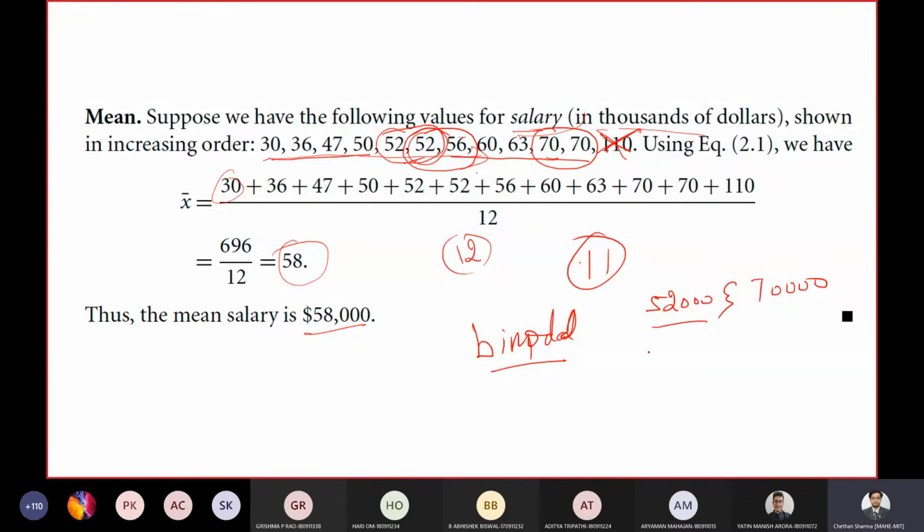Suppose the data set is something like this. What is the mode of this particular data set? Suppose each is a single number.